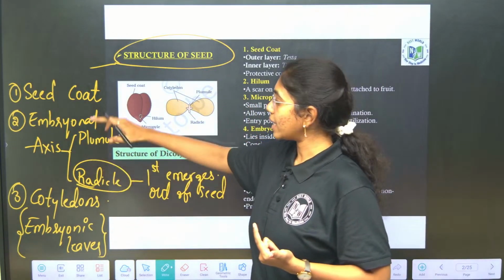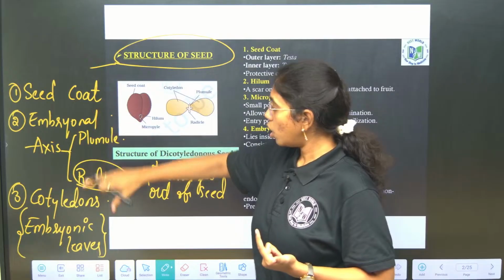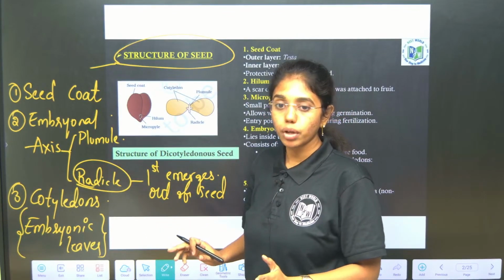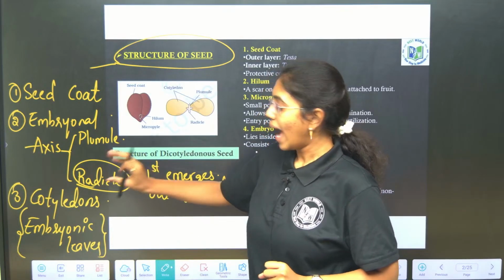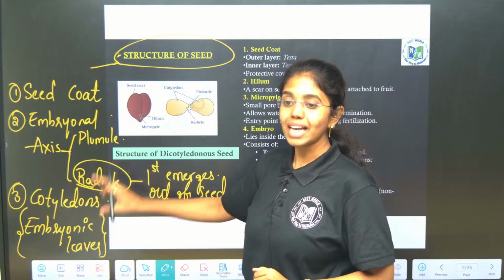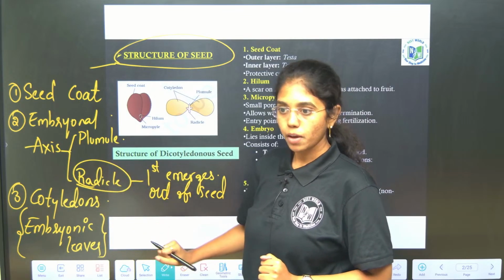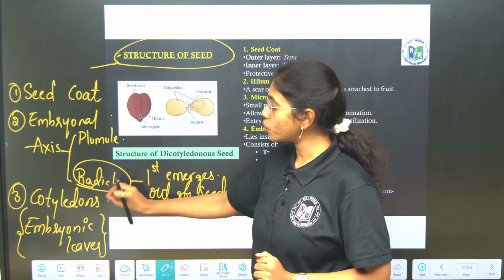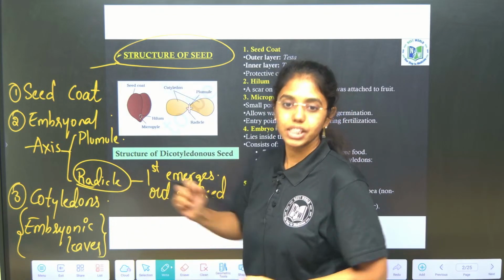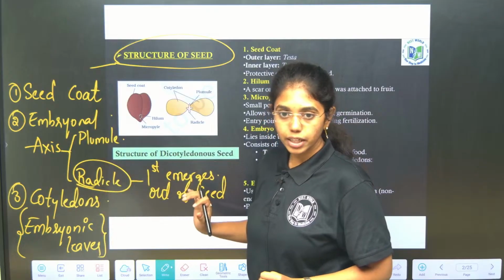In embryonal axis, at the apex region you have plumule, lower it is radicle. Radicle is the first part that emerges out of the seed during seed germination, after which you have cotyledons. Cotyledons are also known as embryonic leaves. This will give the food, proper nutrition for seed germination. This basic thing is clear to you, no?